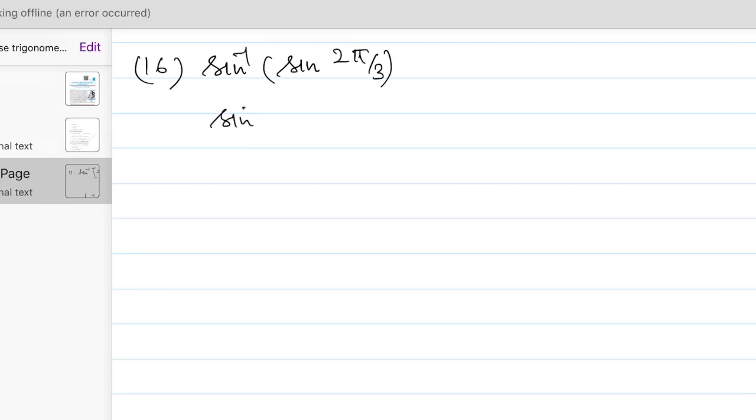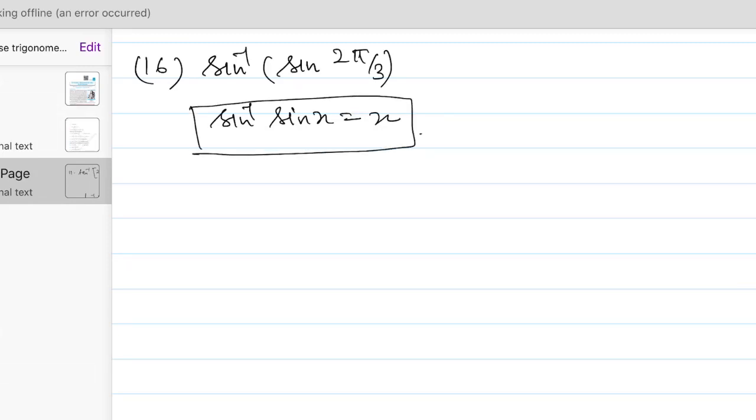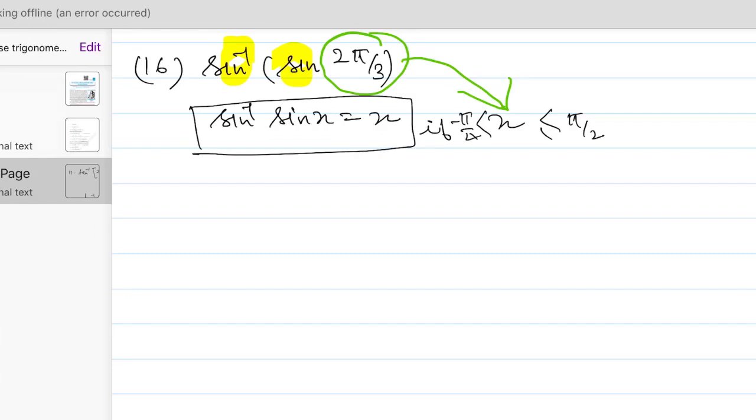We know that sine inverse of sine x is equal to x if x lies between minus pi by 2 and plus pi by 2, this is the range of the sine inverse function. But if we apply it directly, if you cancel this and this, you get 2 pi by 3. 2 pi by 3 does not fall in this range. Therefore, we have to do some modifications.